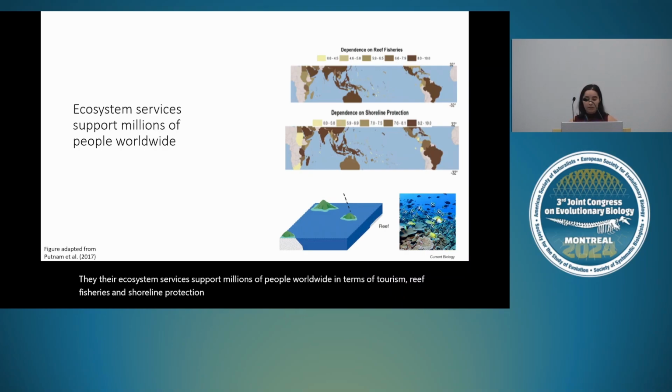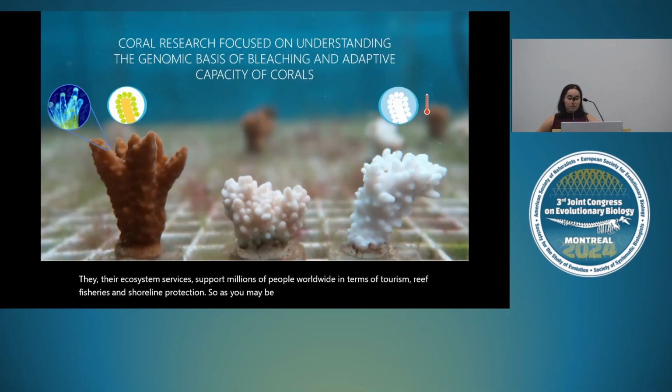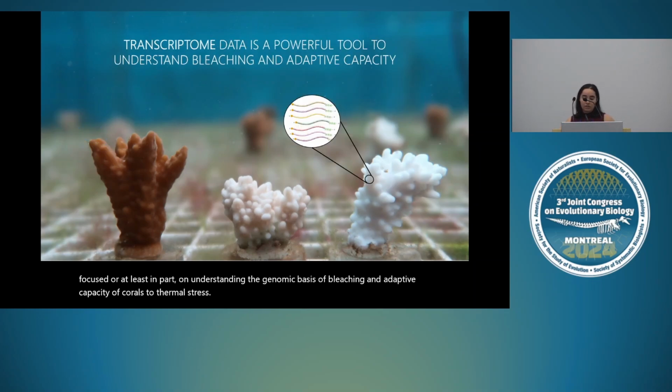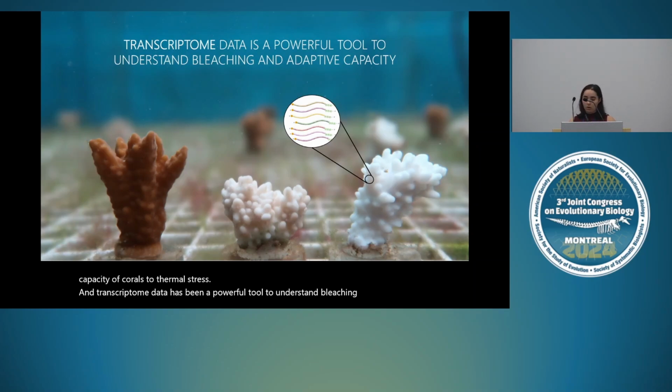So, as you may be guessing, coral reef research is largely focused, or at least in part, on understanding the genomic basis of bleaching and adaptive capacity of corals to thermal stress. And transcriptome data has been a powerful tool to understand bleaching and adaptive capacity in corals.